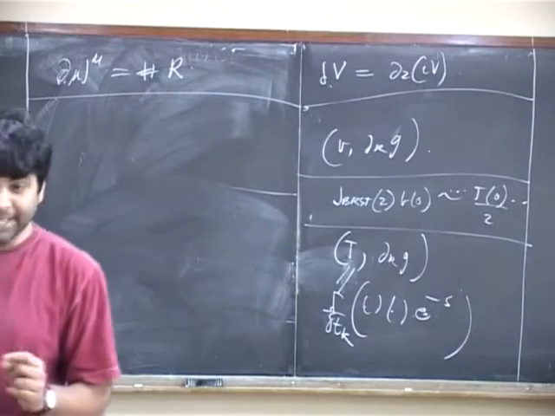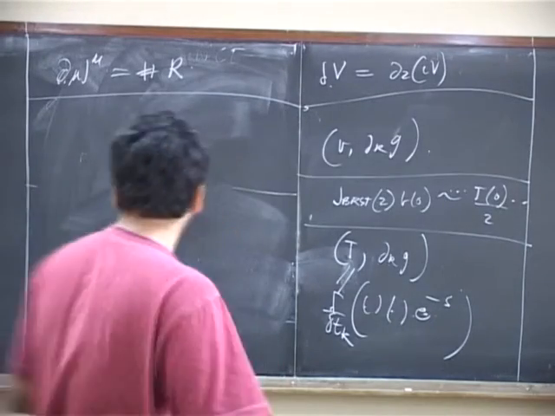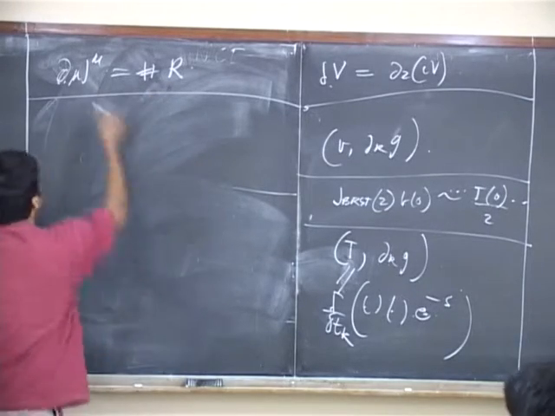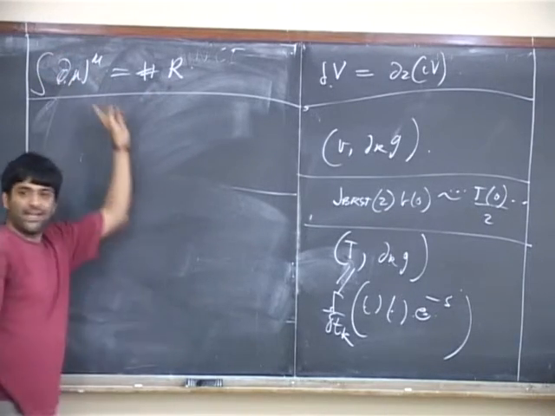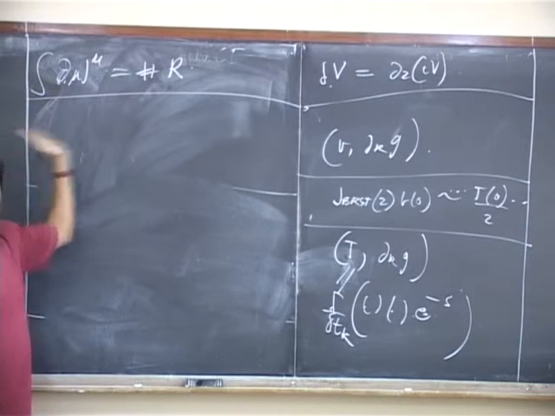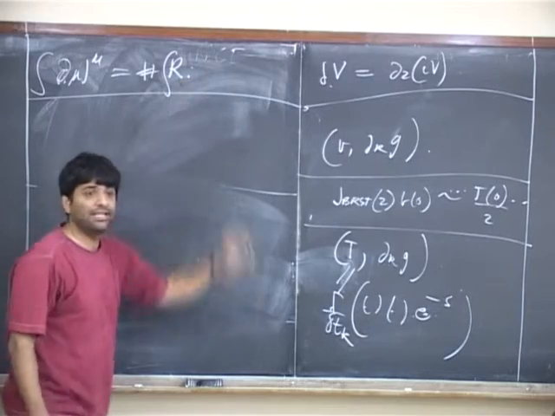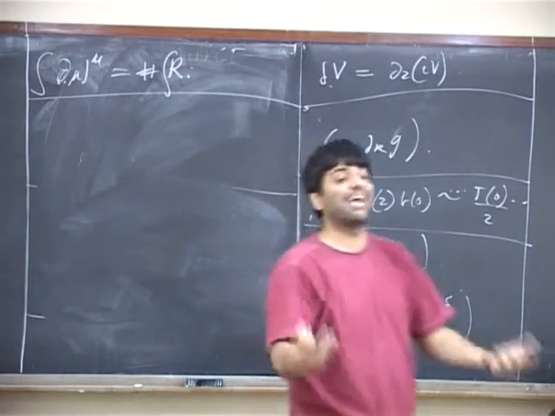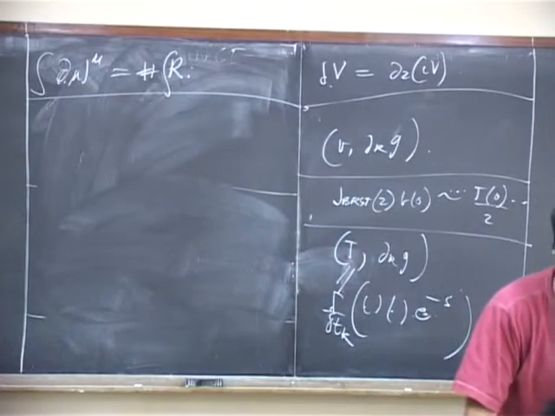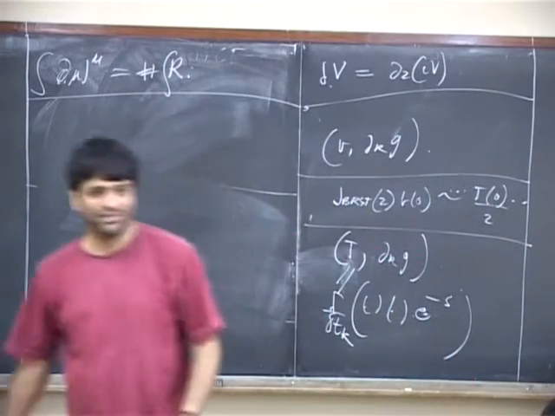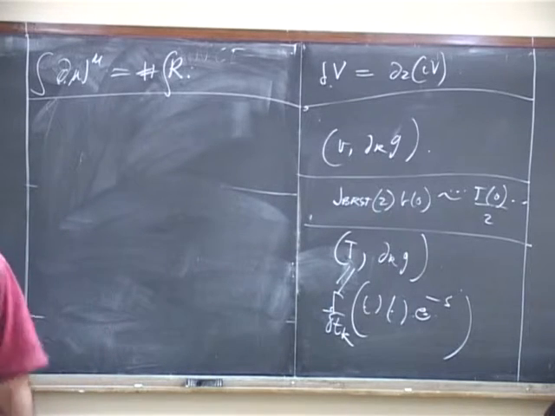It's sort of suggested that we get the curvature on the right hand side. Because if I take this equation and integrate it over a particular manifold, what I'm going to get is a quantity proportional to the Euler character, because the integral of R over a Riemann surface gives me some number times the Euler character.